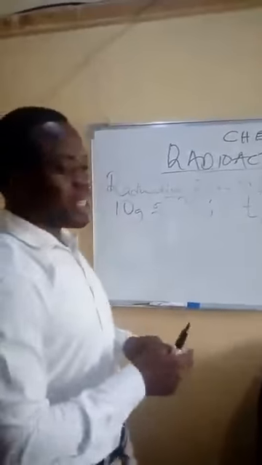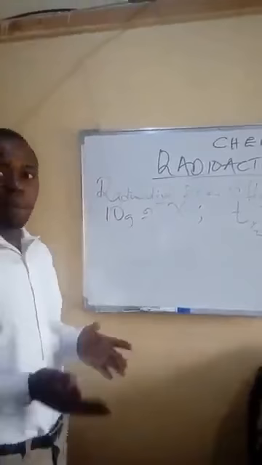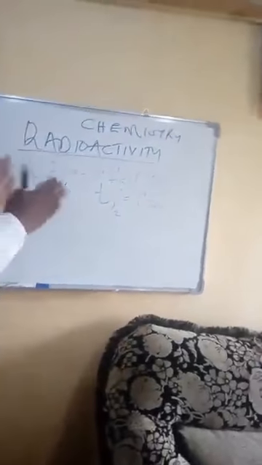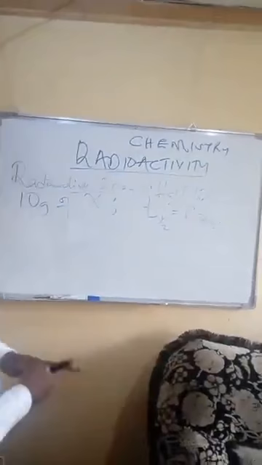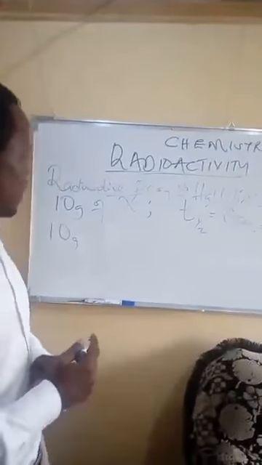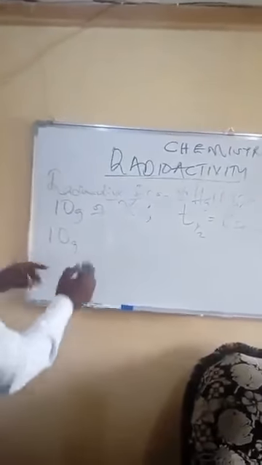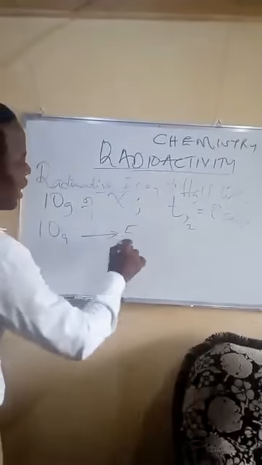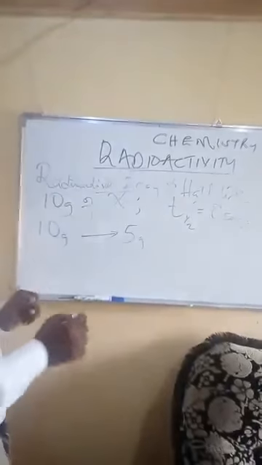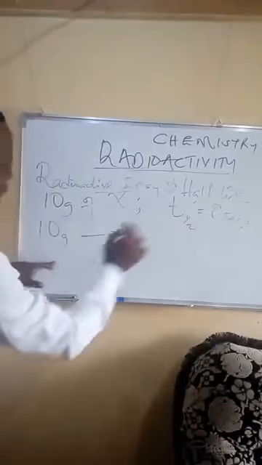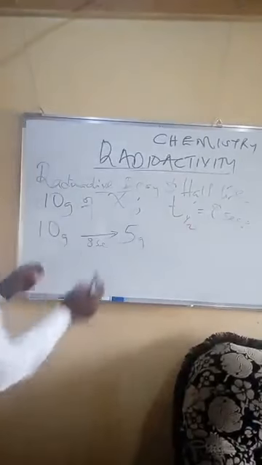There are two ways of answering that question. You can use a formula, or you can just break it down in terms of half-lives. I'm going to use the method where we break it down into steps. Now you have 10 grams of X. After one half-life, we are going to have only half of this, and that is 5 grams. This is after 8 seconds. That is one half-life.